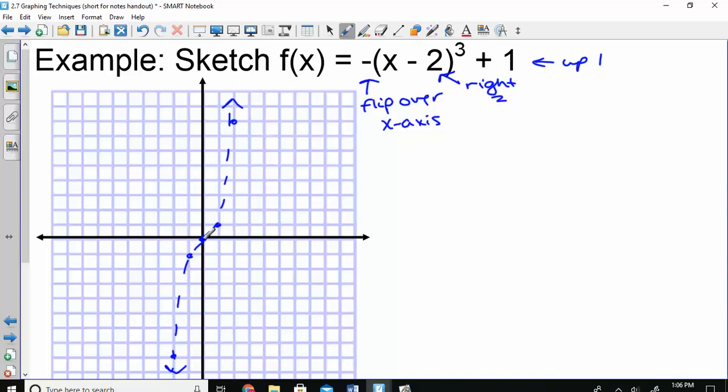So take our point. 0, 0, if you flip it over the x, it doesn't go anywhere. Right 2, up 1. You have to make sure that you're flipping before you move up and down. Okay, so if I take 1, 1, flip it over the x, it goes down to -1. Right 2 and up 1. If I wanted to do 2, 8, flip it over the x, it goes to 2, -8.